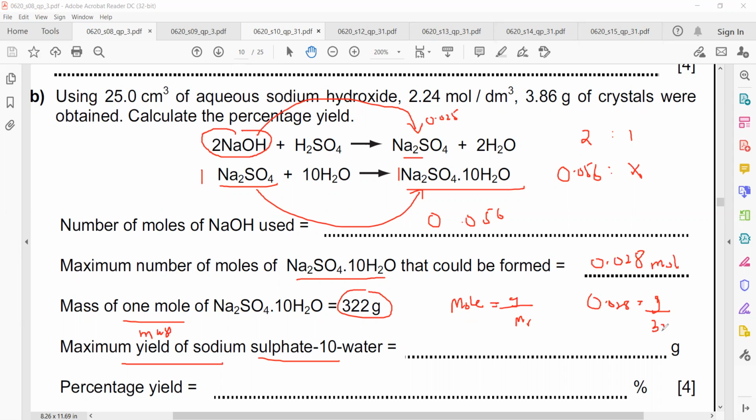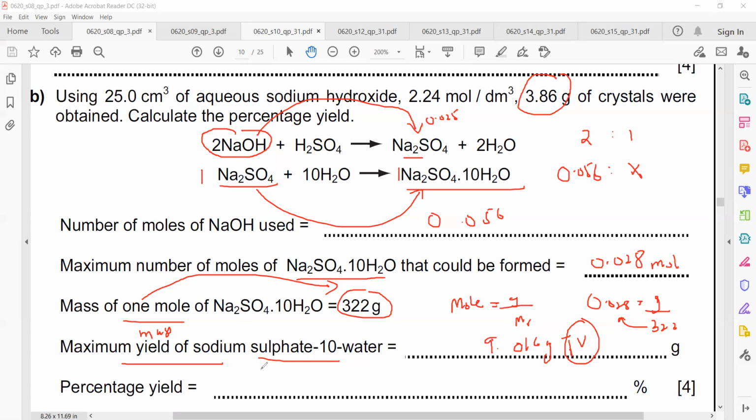Molar mass is 322, the mass of 1 mole, also called the molar mass. 322 multiplied by 0.028, what is the answer? 9.016 grams, or 9.02. That is the theoretical value. The practical value is 3.86. So what is the percentage yield?